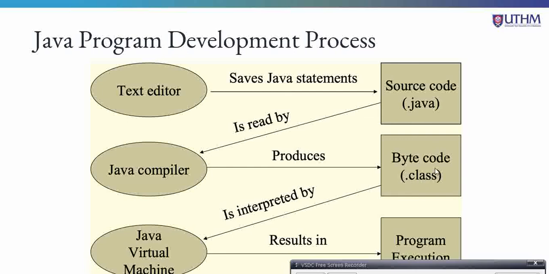If there's an error, it won't create the .class file. The compiler will create the .class only if your program is error free. Then the .class is run or read by the JVM. When the JVM reads it, it will show the result or the output.